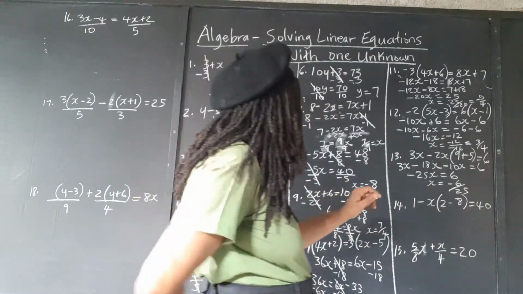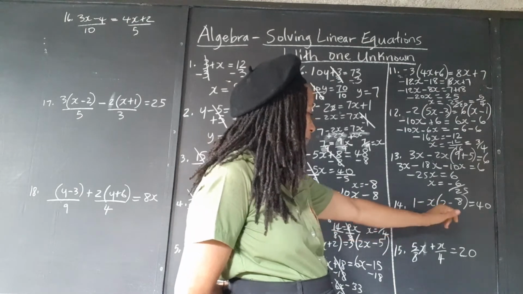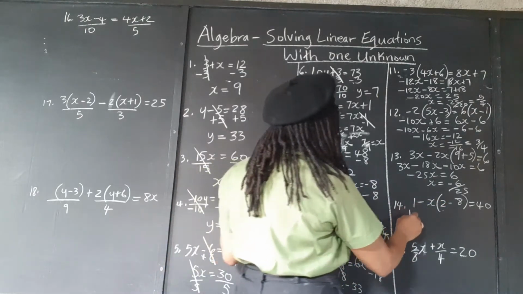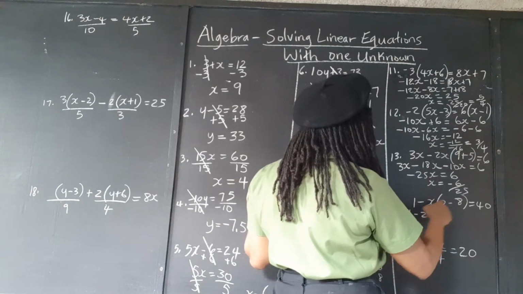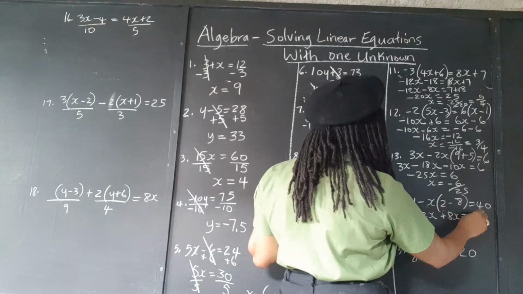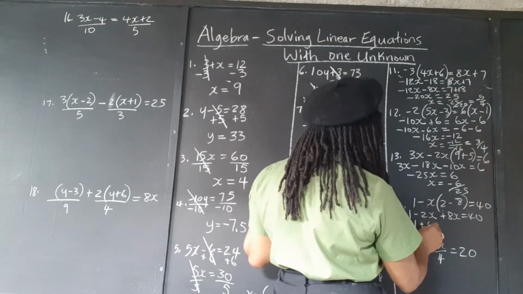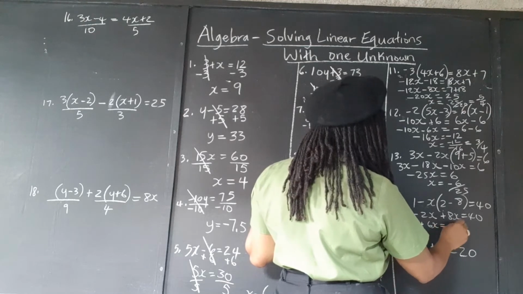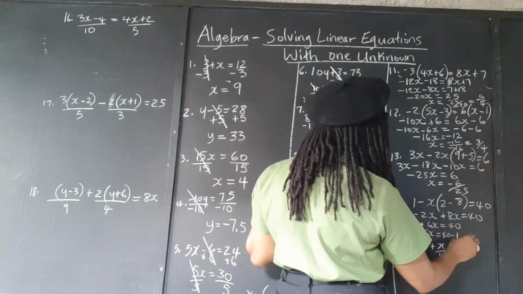Alright, remember, if the number is not immediately in front of the bracket, we don't work it with the bracket. So we have 1, negative x times 2 is negative 2x, negative x times negative 8, positive 8x. So that's 1 plus 6x is equal to 40. 6x is equal to 40 minus 1.